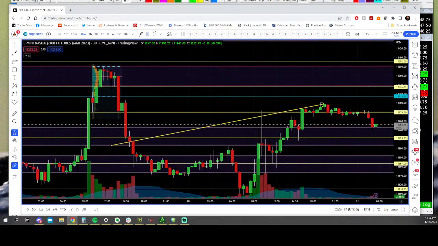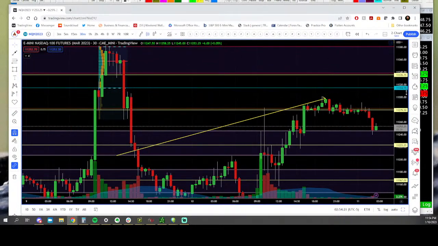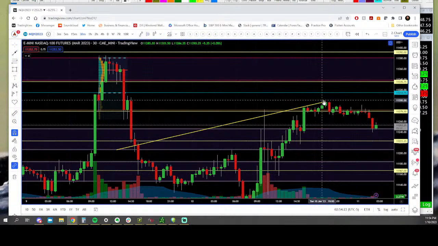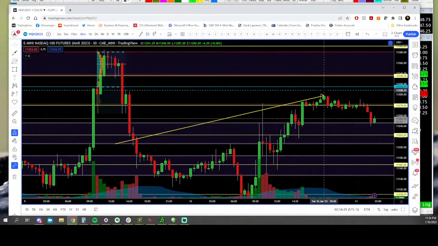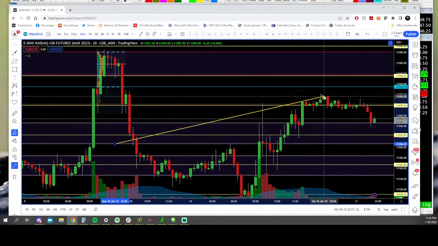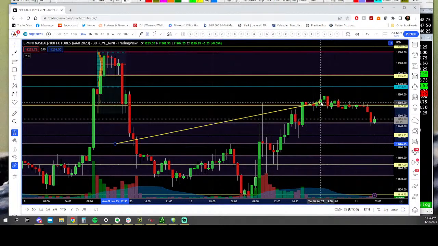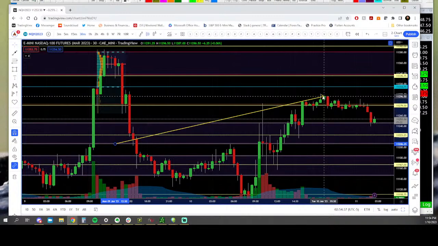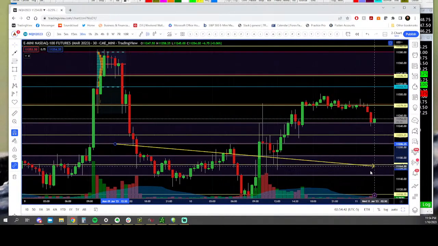So that's what we've seen so far. I want to be very clear that at that point we should expect some kind of a pullback. A pullback would be very natural there, and that pullback may be significant, right? So you don't know at this point where it's going to bounce. I wish I could tell you that, but I don't have a way to know exactly where the first bounce is going to be or where the low is going to be.